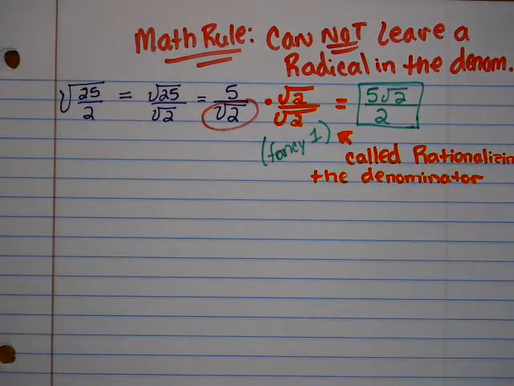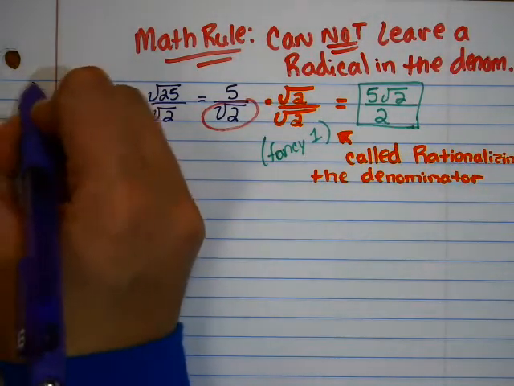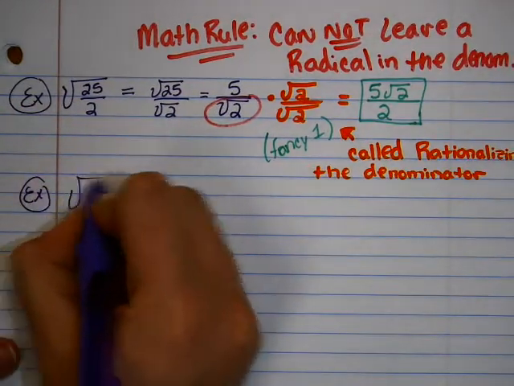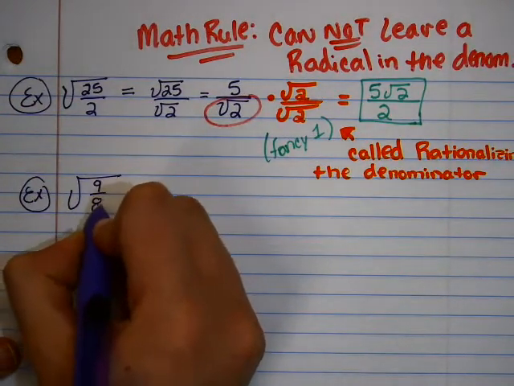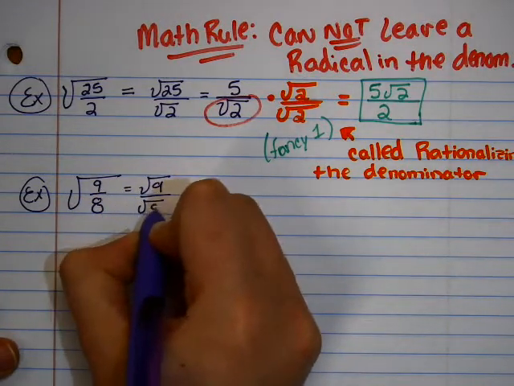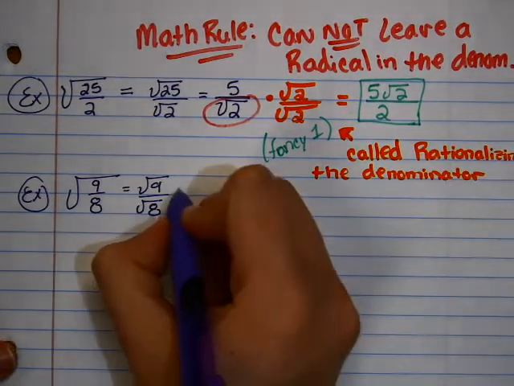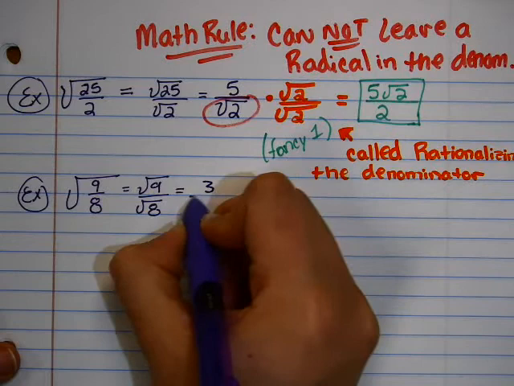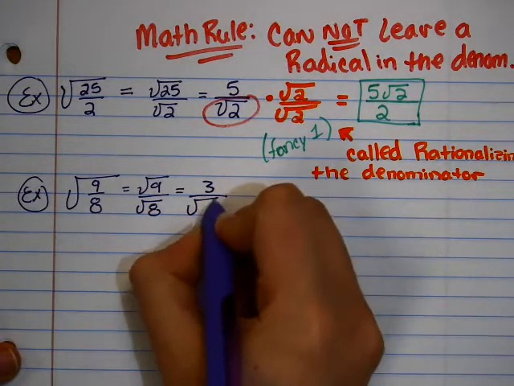Okay. All right, let's look at another example where I have the square root of 9 over 8, and I rewrite it as the square root of 9 over the square root of 8. The nice thing here is that 9 is a perfect square. So I have 3 over the square root of 8.